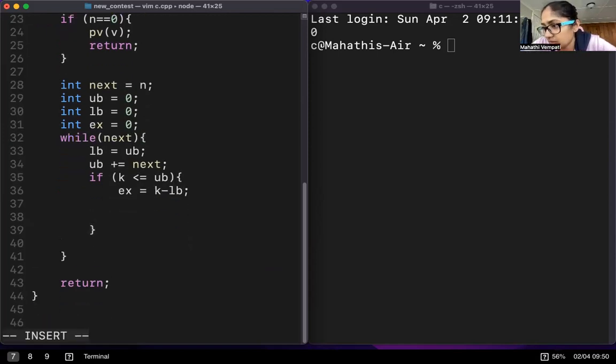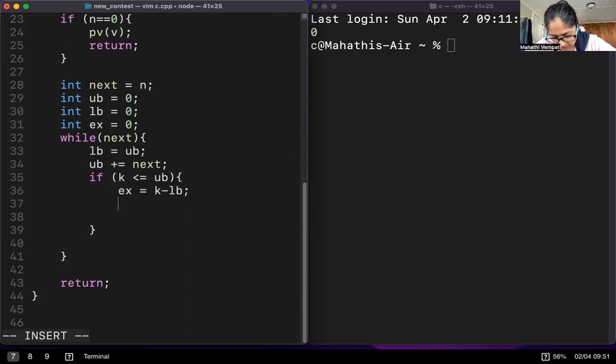Right. So what this means is based on the step, if I'm at n, for instance, v of 0 gets a number. If I'm at n minus 1, v of 0 and v of 1 get a number.